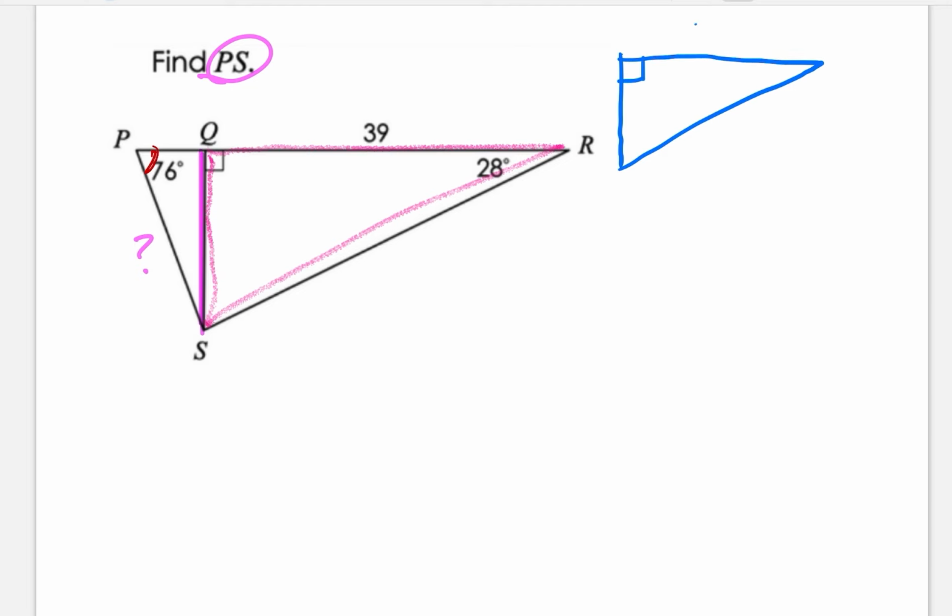If it does not bother you, you don't have to do it. So we have this side right here. I'm going to label this side as W. You can name it with any letter. So that side is W, and I'm trying to find W.